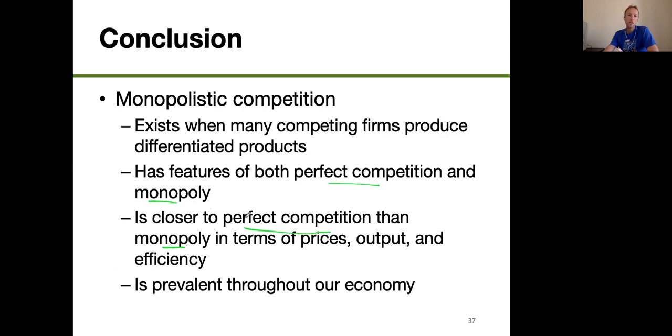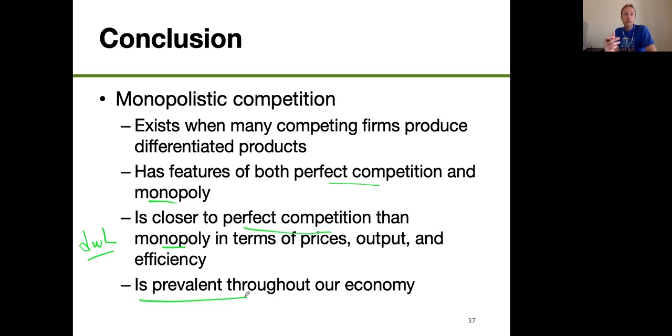So the prices are a little bit higher than perfect competition, but they're not super high like in a monopoly. There is a deadweight loss. Remember that term, DWL. There is a deadweight loss, just like in monopoly, but it's much smaller than in monopoly. Okay, and monopolistic competition, in my opinion, is the most prevalent market structure in our economy. Most of the firms out there are competing in what's called the monopolistically competitive market structure. So that's why it's really important to understand.